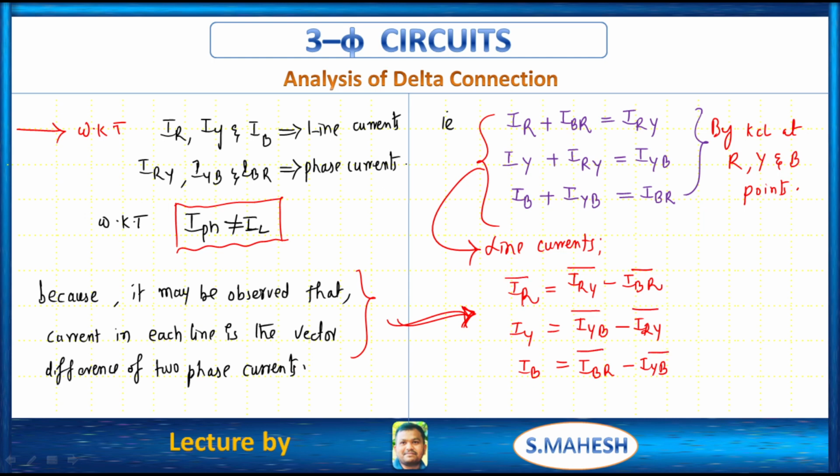Clear? So nothing but vectors only. Okay, now we have to get the relation between the currents. IR equals IRY minus IBR, IY equals IYB minus IRY, like that IB equals IBR minus IYB.